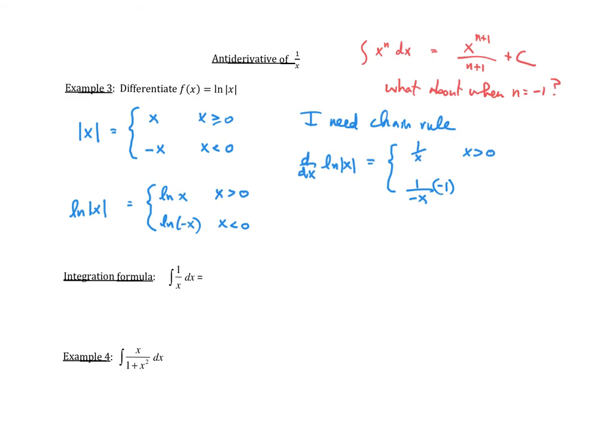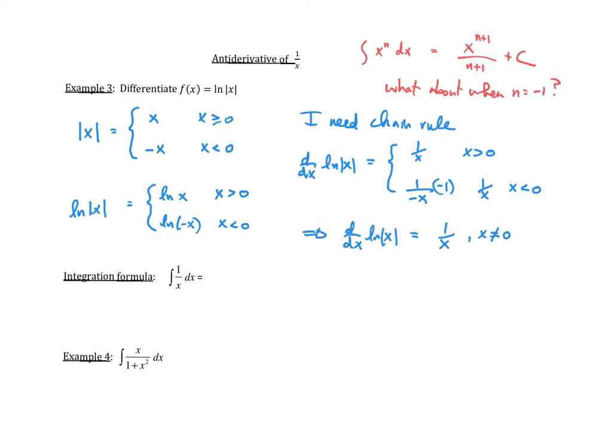So when I simplify this, I am going to get 1 over -x times -1. That's just going to be 1 over x. And that's when x is less than 0. Okay? So what do I notice? When I piece these two things together, I notice that the derivative of natural log of absolute value of x is going to be equal to 1 over x as long as x is not equal to 0.